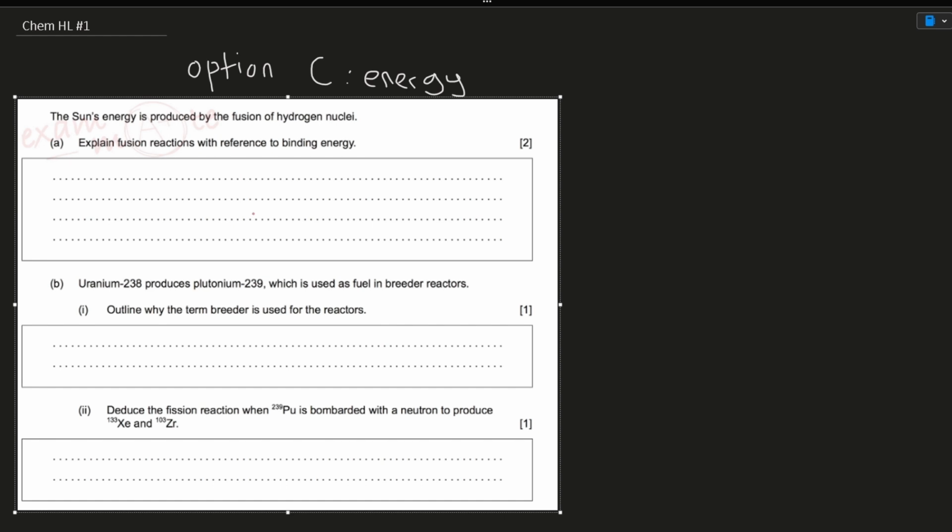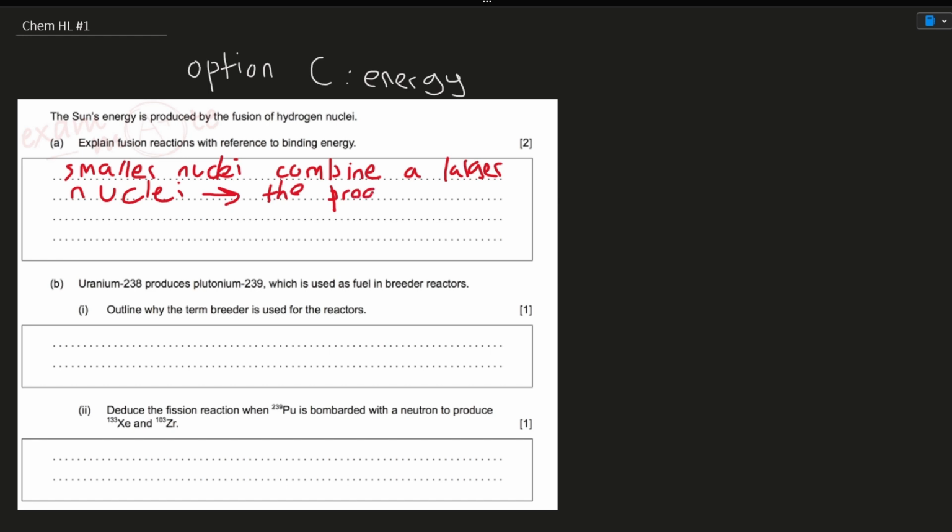So firstly, let's define fusion reactions. Fusion reactions is when smaller nuclei combine together to form a larger nuclei, and in doing so, the products should have a larger binding energy.